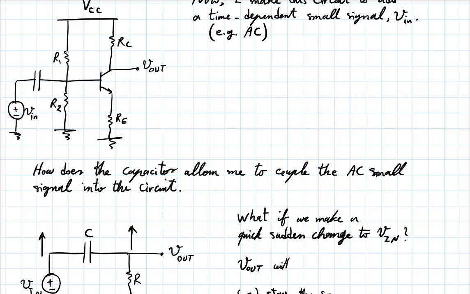In practice, or if you want to feel it physically, all that means is when you try to change the input here, if this is a large capacitor, it will just not have time to charge up. When you keep changing the input, that capacitor will just not have time to charge up to let a DC steady state be reached. It will just let the variations on one side appear on the other side. That's all it is.